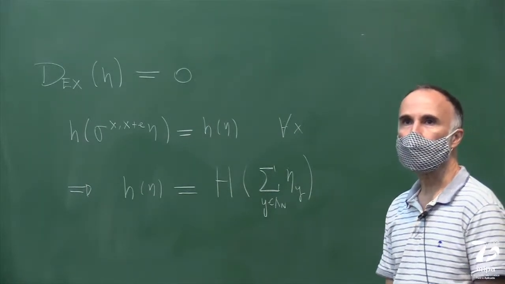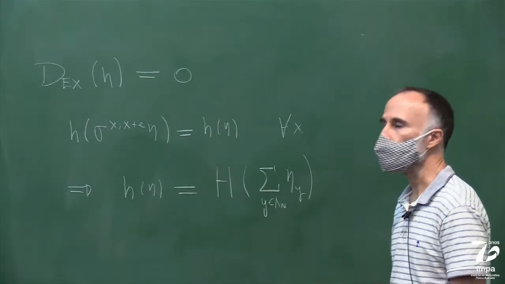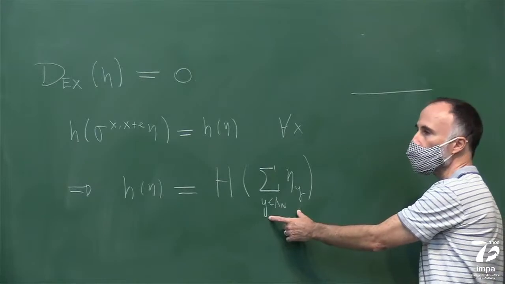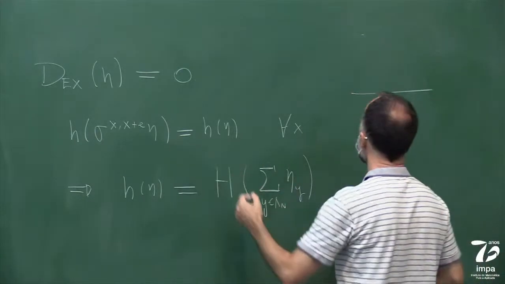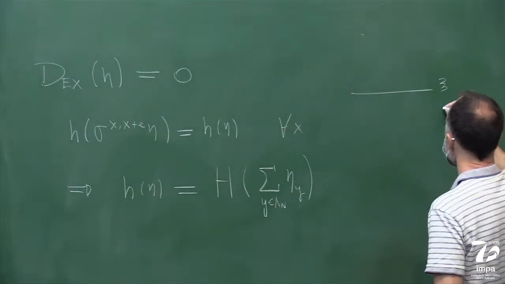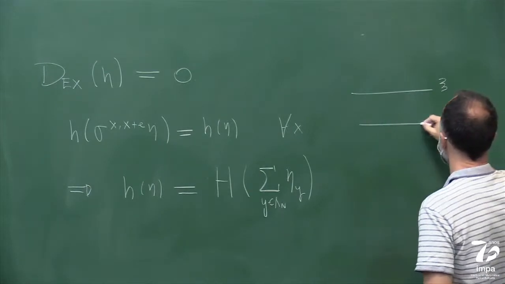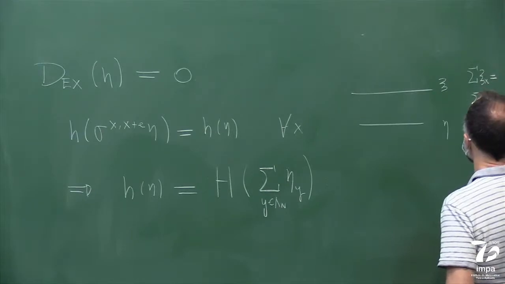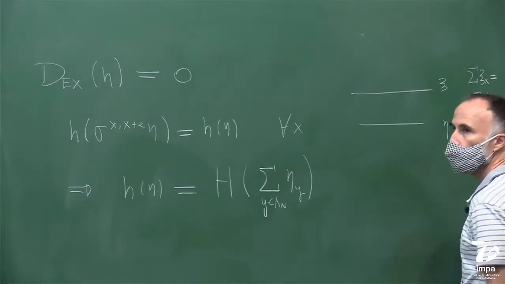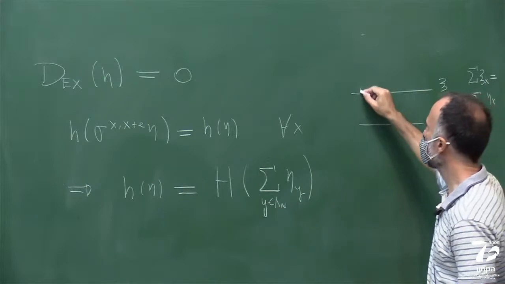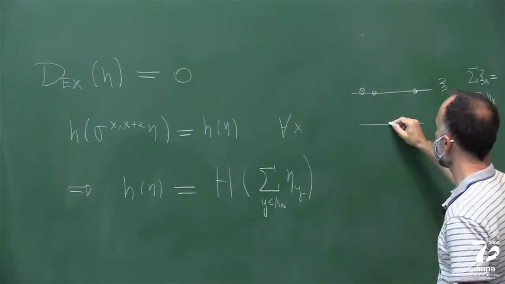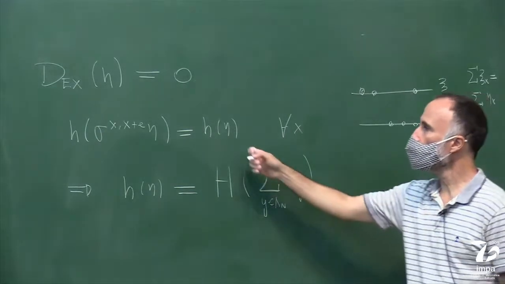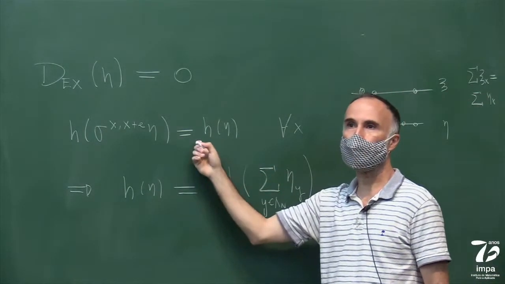Okay, because if you take two configurations which have the same number of particles, then from this identity, so let's assume that I have xi and eta that have the same number of particles. Okay? They have 3 particles. Now I know that h satisfies this identity.